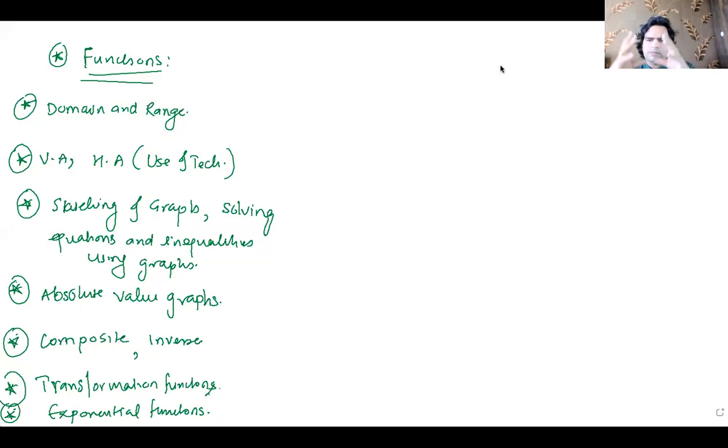So when you talk about the general function idea, firstly, how do you know whether a given graph or relation is a function? One of the basic pieces of background knowledge that is expected is something called the vertical line test. If I give a graph and the vertical line that you draw cuts the graph at more than one point, then that relation is not a function.